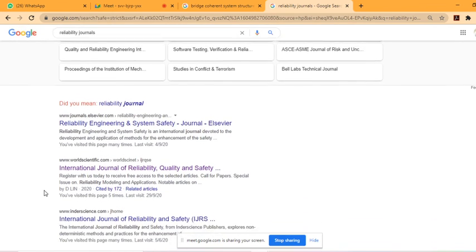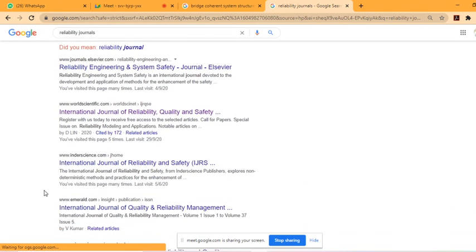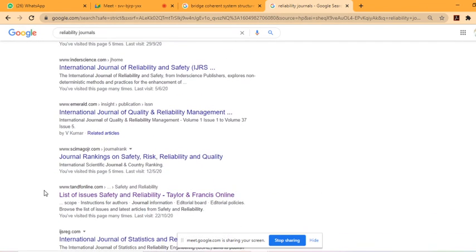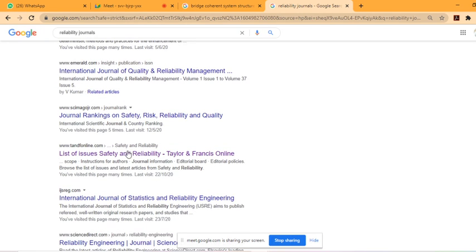Plenty of journals in reliability, quality, and safety.